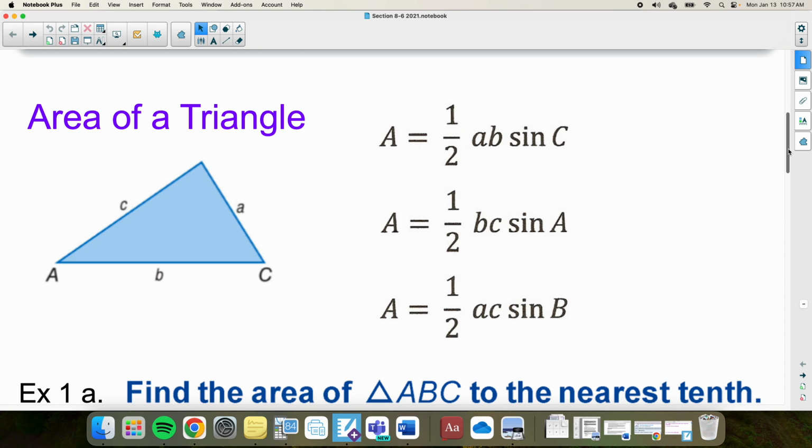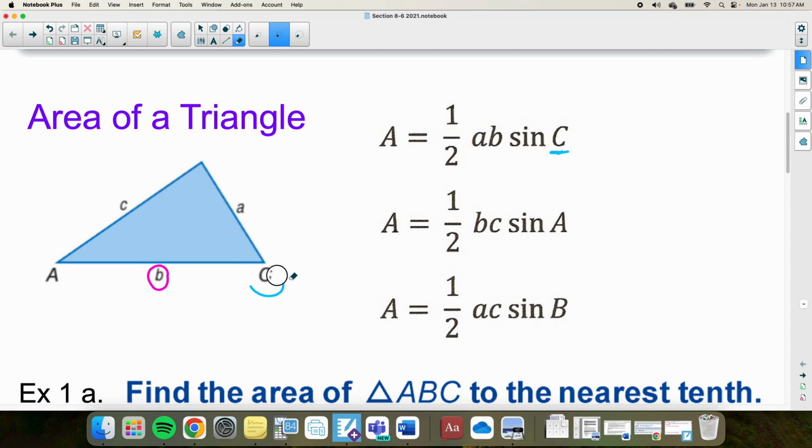So here's the deal. If you are given angle C, like in this formula right here, the 2 sides that you would have to know to be able to find the area would be A and B. So it's always like a side-angle-side situation when you do this, okay?